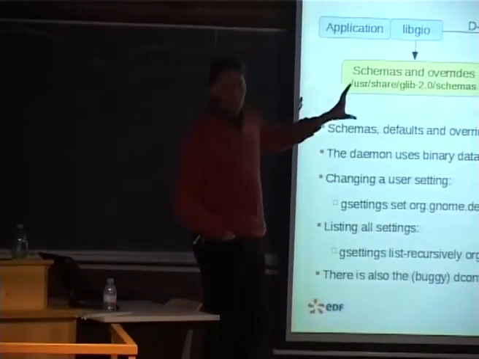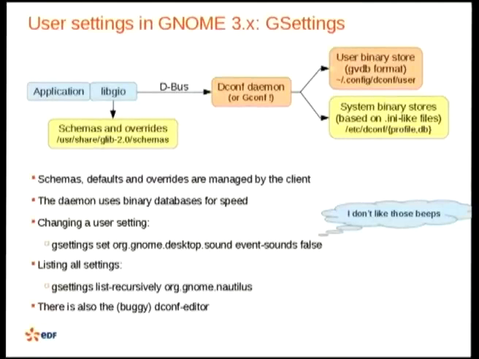And the reason for binary databases instead of XML is that because of XML, gconf was very slow. So for example, let's say you want to change a setting; the schema is a bit simplified, because when it is only read-only, the library will directly access the binary store, which is much faster, of course.